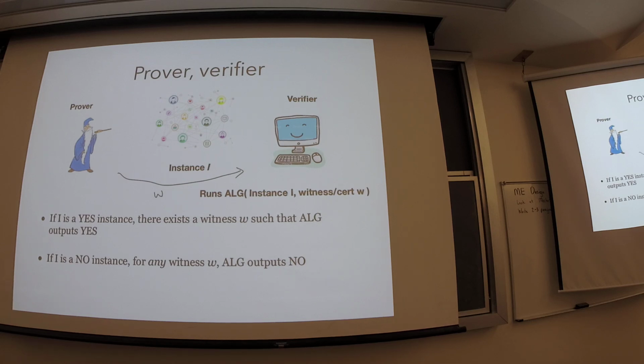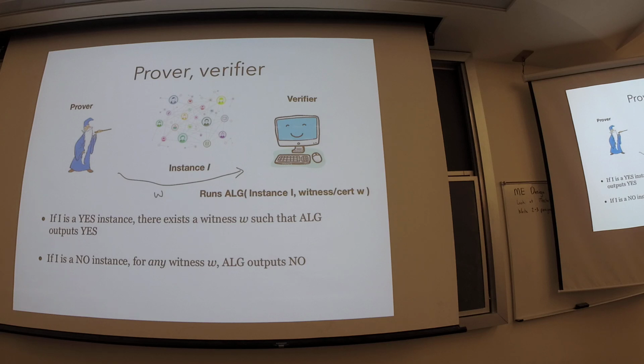Because in the independent set, the verifier was this very simple algorithm that just took the set of vertices, verified that this is actually some subset of the vertices, and verified that this is actually an independent set and it has size at least k. Now if the graph really does not have an independent set, there's no way somebody could convince this algorithm that there is an independent set. Because it has to provide some set, and if there are edges, there's no way to connect.